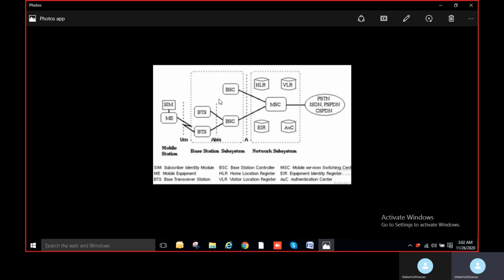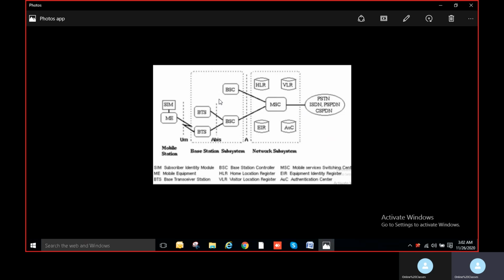3G is the Universal Mobile Telecommunication System, means UMTS. UMTS was developed from GSM by completely changing the technology used on the air interface while keeping the core network almost unchanged. Means in the core network, one thing was added, that is packet switching.